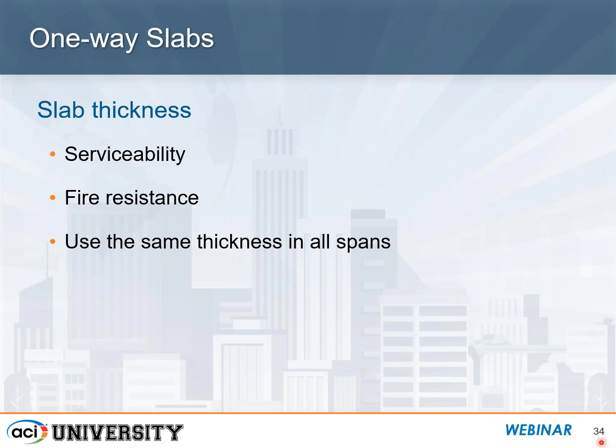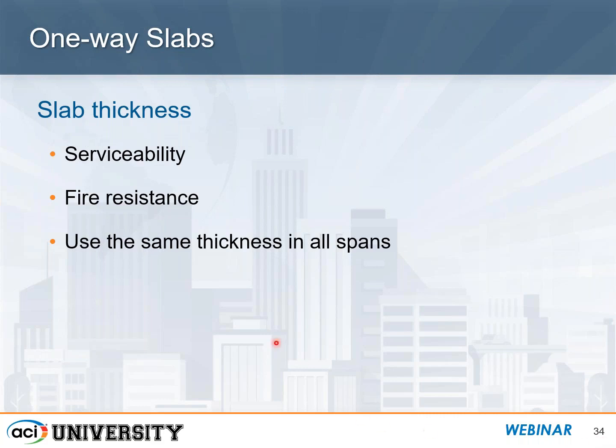And if you have a higher than normal fire rating that's required, that's where you might run into some issues with fire resistance. But generally speaking, if the slab is good enough for serviceability and strength, it's also good enough for fire resistance.